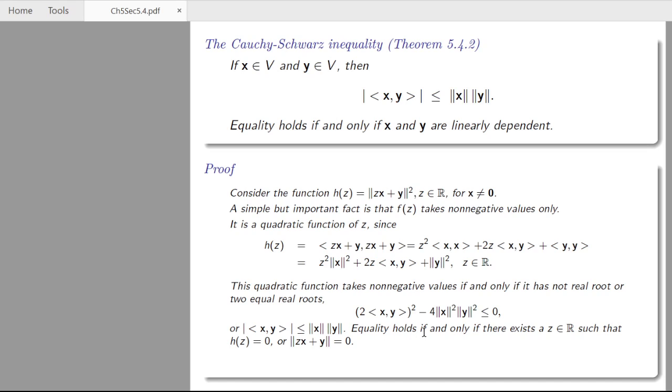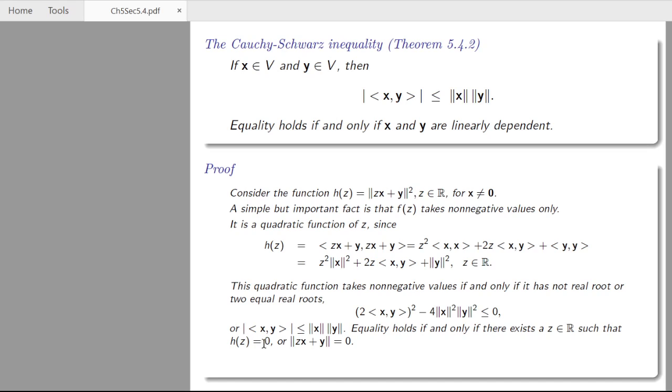The equality holds if and only if what? If and only if this quadratic form has two equal roots, right? That's the fact we knew in middle school or high school. So that means equality holds if and only if there is a z such that h of z equals 0.